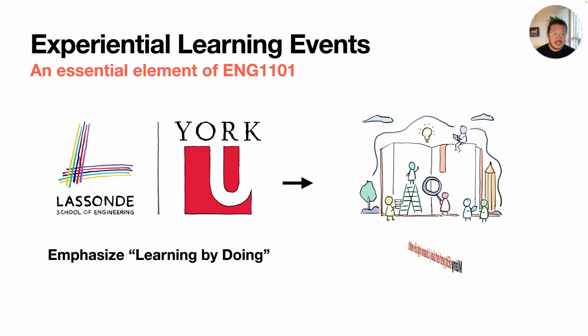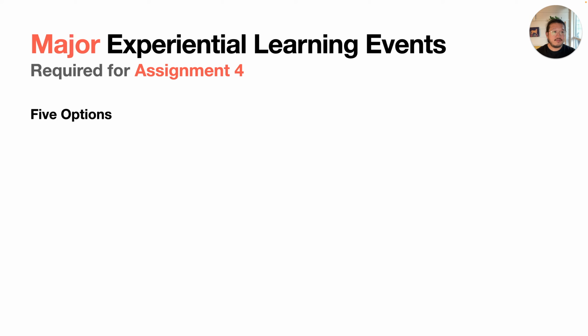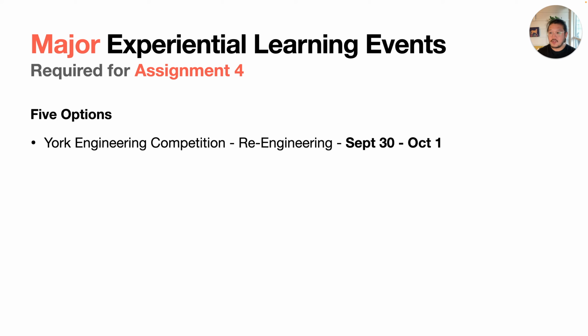They're learning events, and we really want you to try these. From the perspective of this course, there are two types of experiential learning event. The major experiential learning event is required, actually it's a prerequisite for assignment 4. We have pre-approved 5 different options for you, and these are 4 engineering competitions and a hackathon.